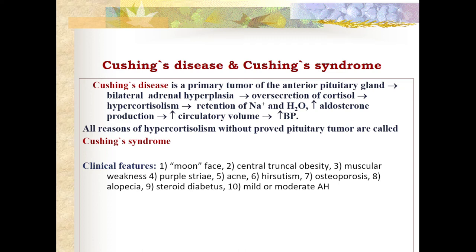The main clinical manifestations of Cushing disease and Cushing syndrome are: moon face, central obesity, vascular weakness, purple striae, acne, hirsutism, osteoporosis, alopecia, steroid diabetes, and all these signs and symptoms are associated with mild or moderate arterial hypertension.